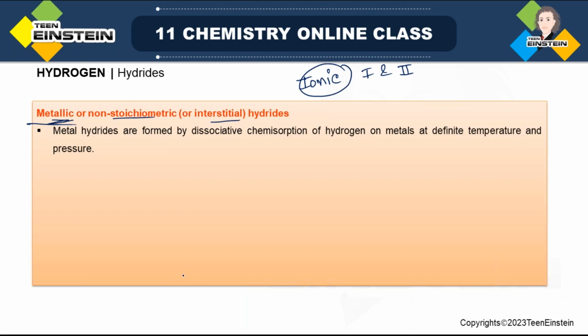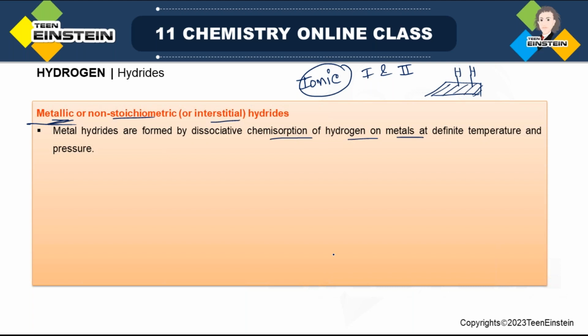Okay, so metal hydrides are formed by dissociative chemisorption of hydrogen on the metal surface. Suppose there is a metal, and on its surface the hydrogen can be chemisorbed. So there will be an actual chemical bond. That is why we are using the term chemisorption.